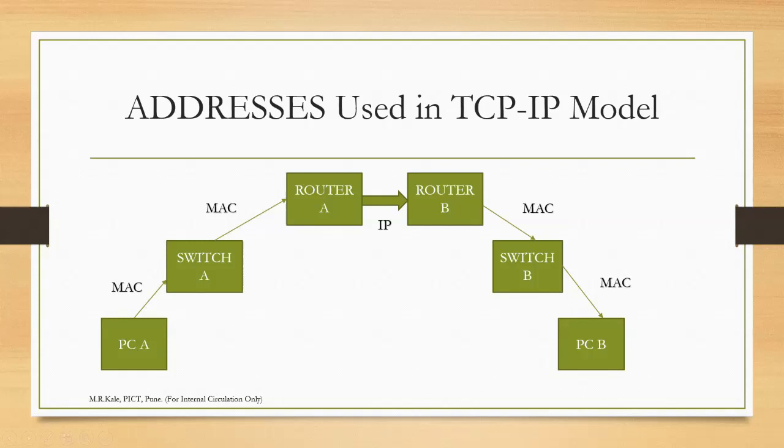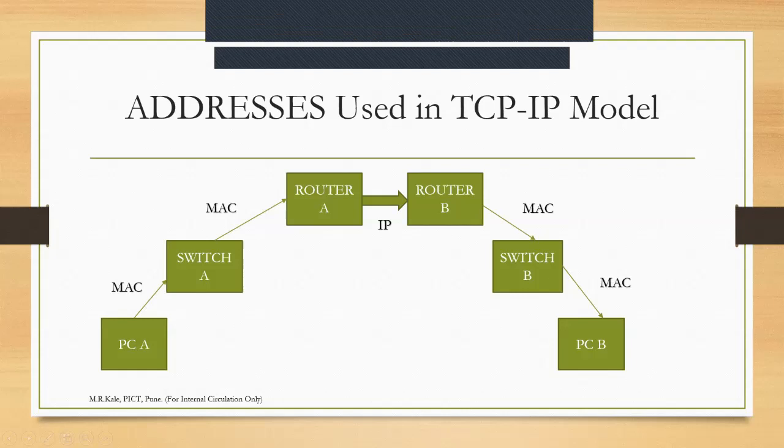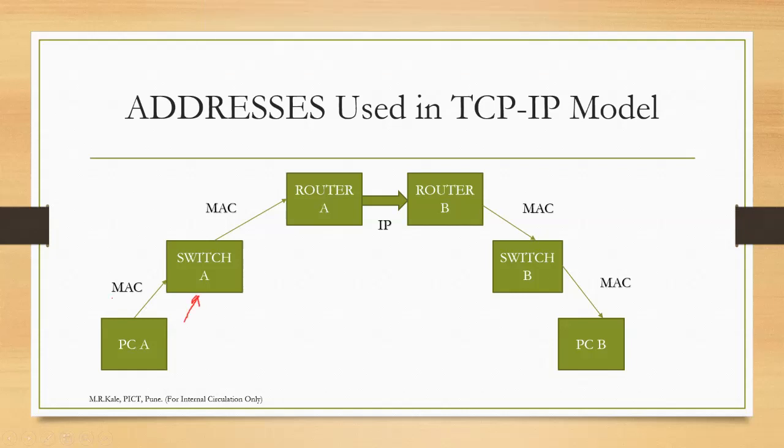Here we need to understand that when the data transfer is taking place from PC to a switch, the data packet has two fields, source MAC as well as destination MAC.